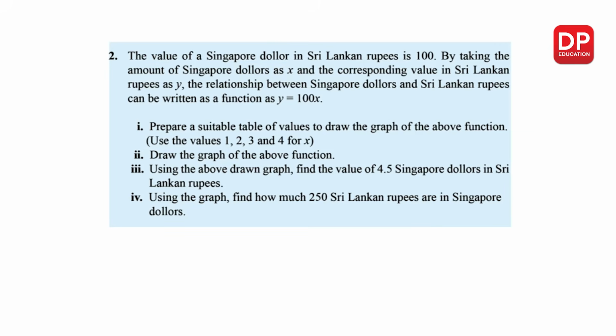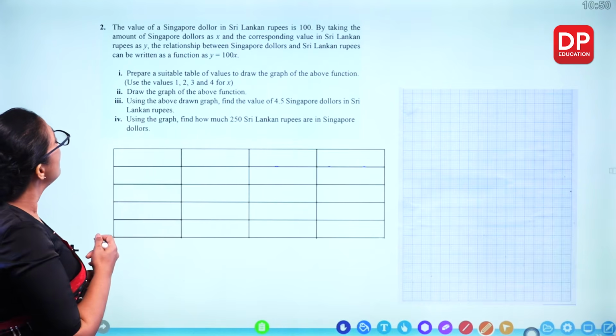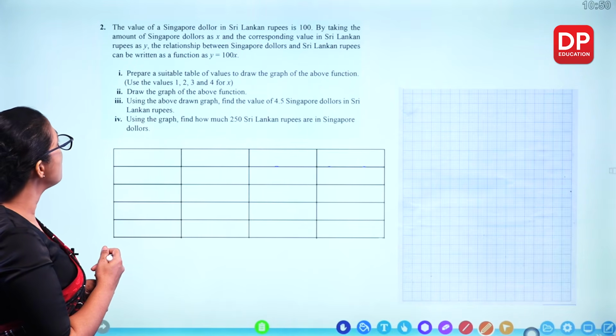Question number 2. The value of a Singapore dollar in Sri Lankan rupees is 100. By taking the amount of Singapore dollars as x and the corresponding value in Sri Lankan rupees as y, the relationship can be written as the function y equals 100x. Prepare a suitable table of values to draw the graph of the above function.